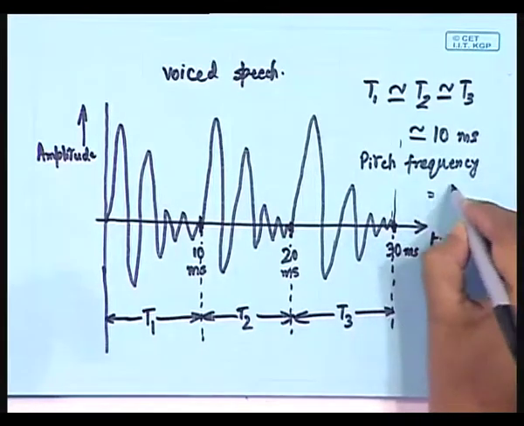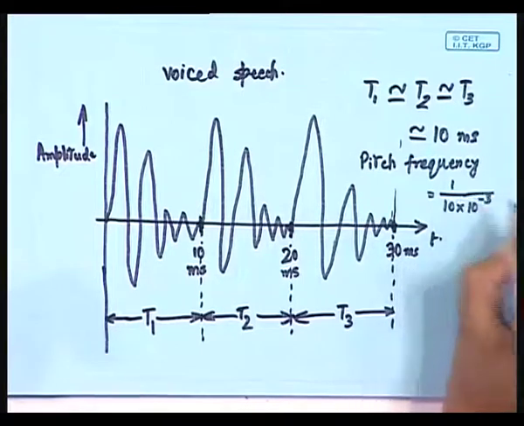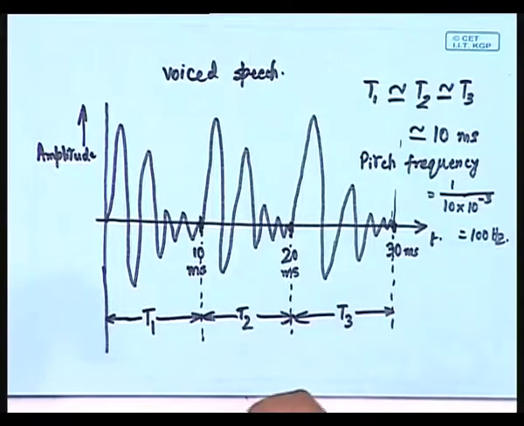So, you can say that it is 1 upon 10 into 10 to the power minus 3, which means to say that we have a 100 hertz pitch frequency. Typically, the pitch frequencies are of that order. It may be 80 hertz, it may be 100 hertz, 120 hertz, 150 hertz; somewhere in this range we will be having the pitch frequency.